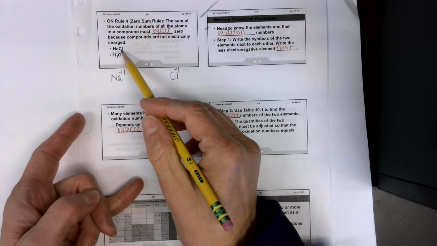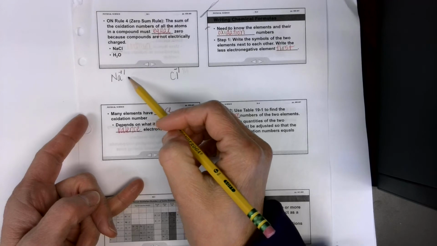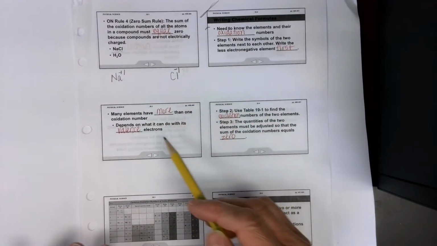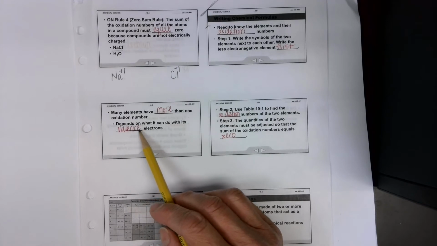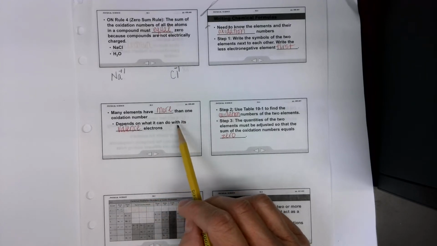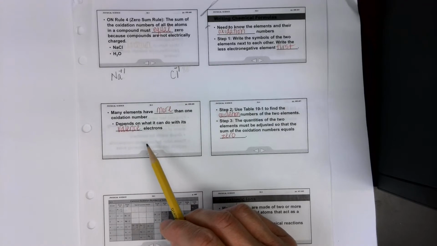So we're going to see that as table salt's way of combining. Many elements have more than one oxidation number. It just depends on what it can do with its valence electrons.